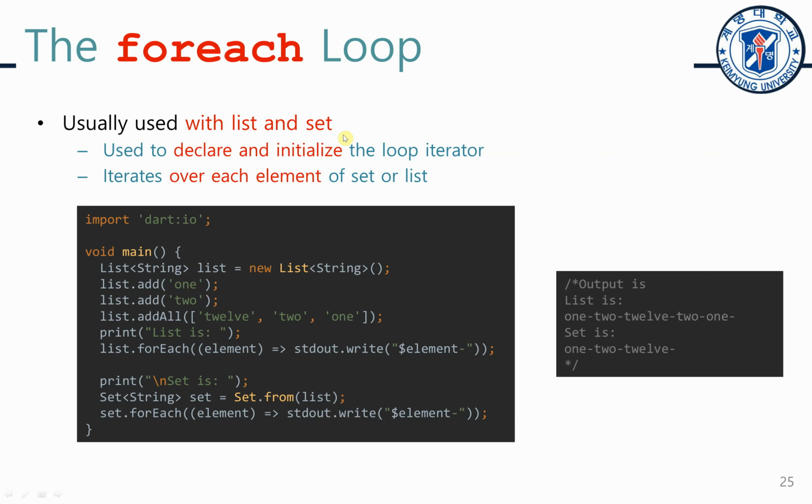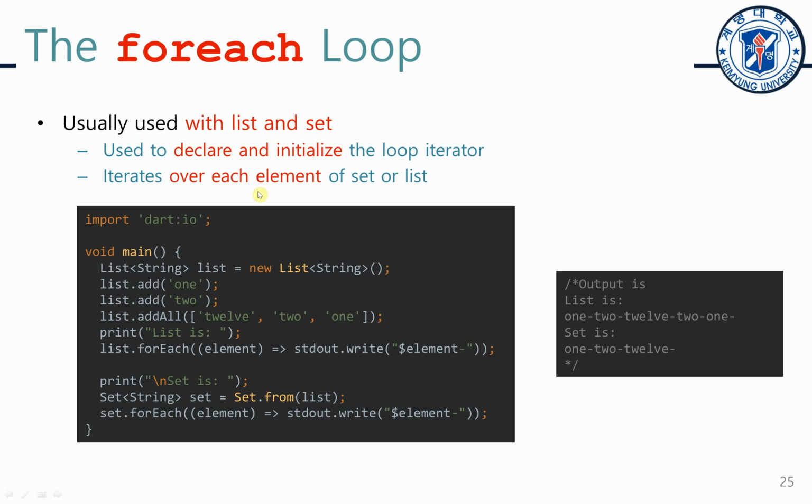When you have list and set collections, in Dart we call them collections, you can iterate over the list and the set without having to declare and update. It will iterate over just the number of elements that the list or set contains, and when it finishes, it will stop.